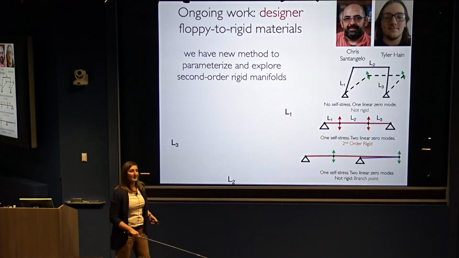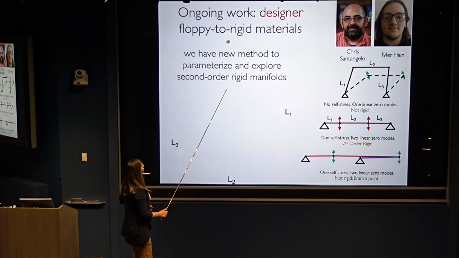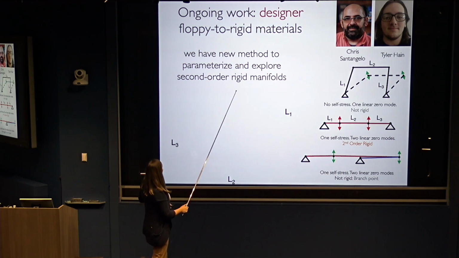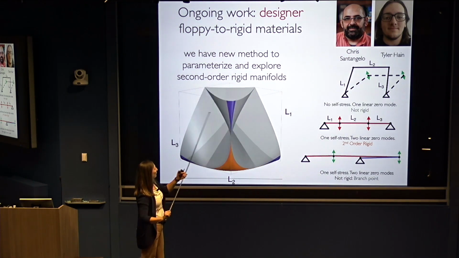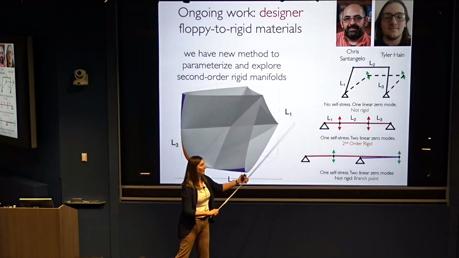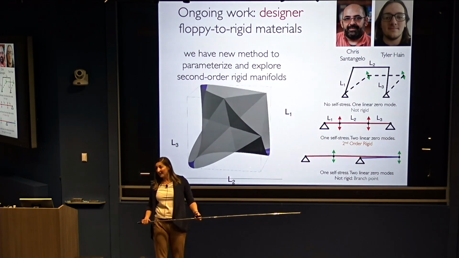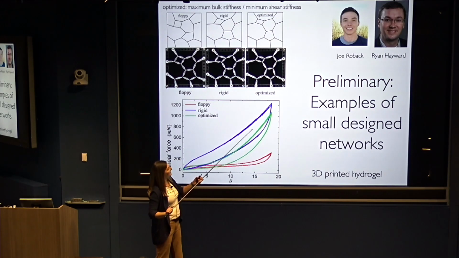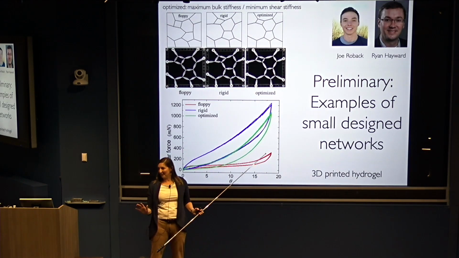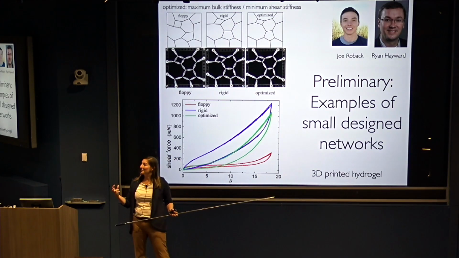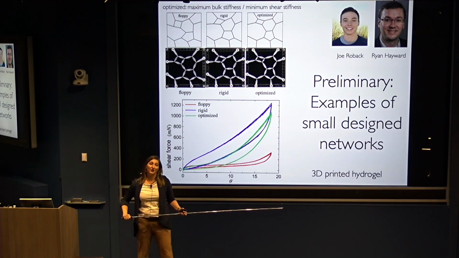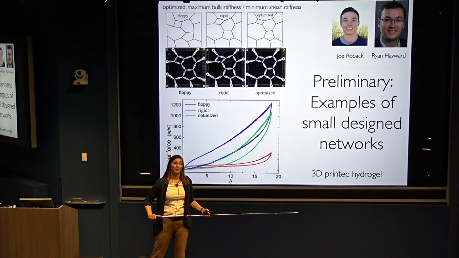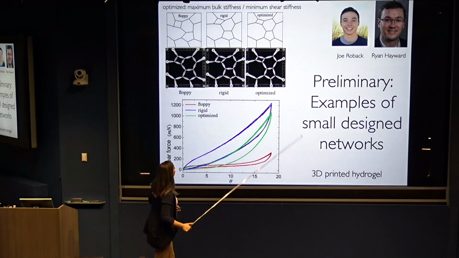And one of the things that we're thinking about doing is making all kinds of designer materials. So it turns out that we can parameterize the manifold of second order rigid states for simple structures and more complex structures. And we can design materials. I'm not going to say anything about this for the rest of the talk, but I think it's interesting that biology has inspired this idea of how to make materials that have these very interesting and programmable mechanical properties.